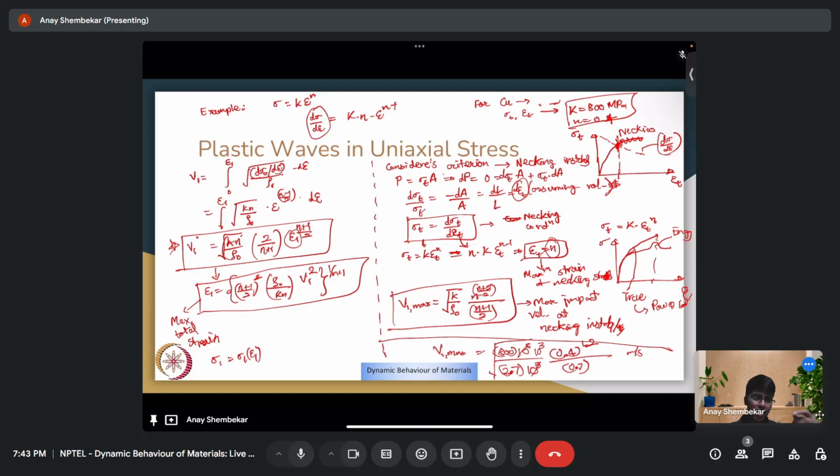But I feel your doubt is relevant because I was also looking at it for the past week or so, trying to understand. In some analyses, they do consider a change in cross-section area, like you have a plastic wavefront and then an elastic wavefront, and in between there are some changes in area. So there are some analyses that do that, but in this particular analytical treatment, we have assumed it to be constant.